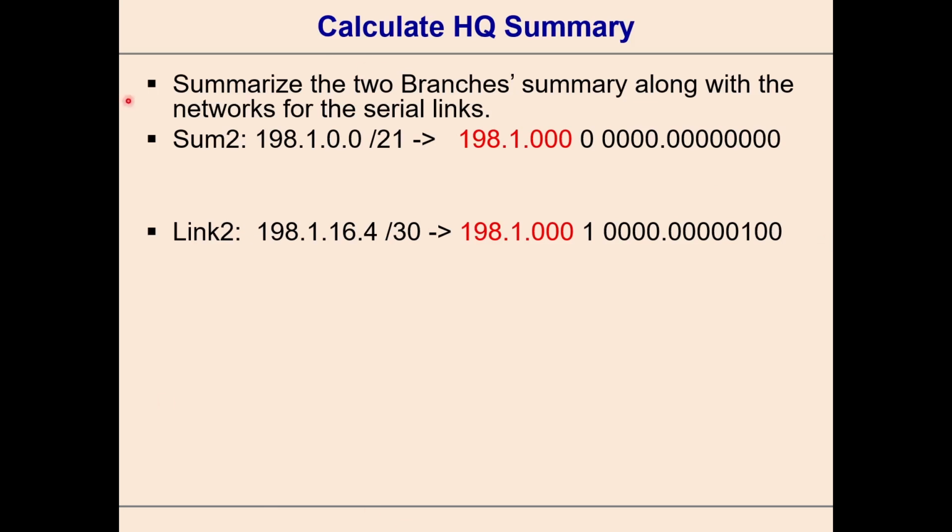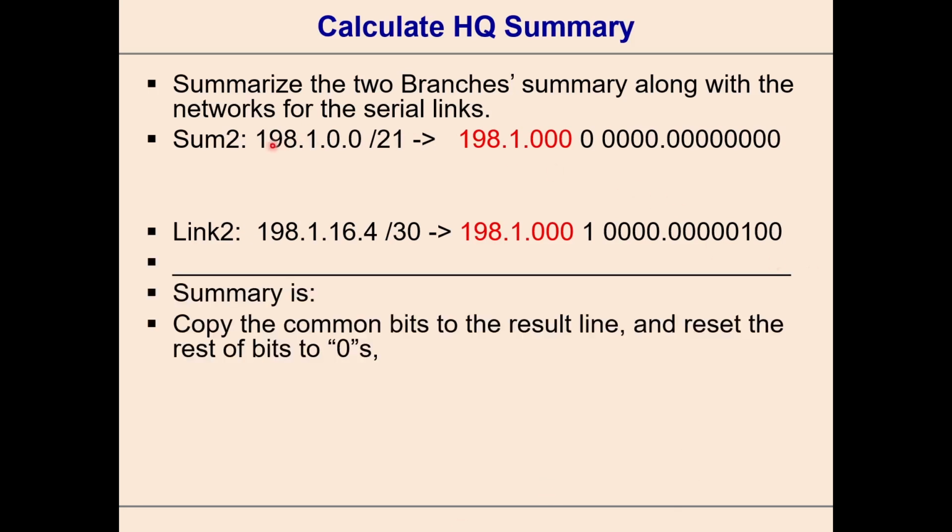These are the 2 networks we need to compare for the common network bits. So we start comparing the 2 networks from the leftmost octet. First octet 198 matches. Second octet .1 matches.